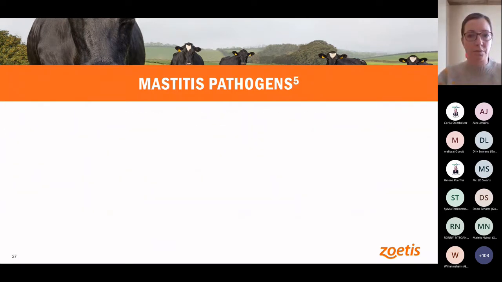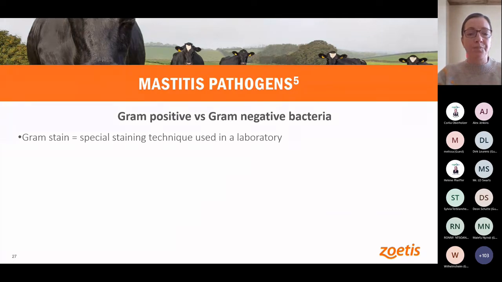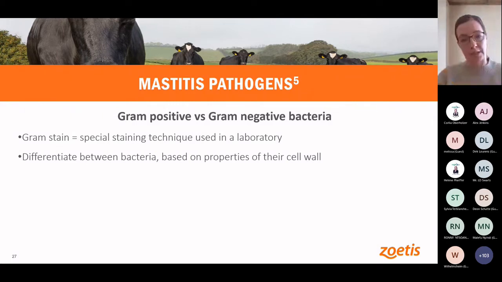Okay, so let's quickly talk about gram-positive versus gram-negative, maybe for those of you who aren't familiar with why we call these pathogens gram-positive or gram-negative. The gram refers to a special staining technique that is used in a lab, and this stain can differentiate between bacteria based on the properties of the cell wall.